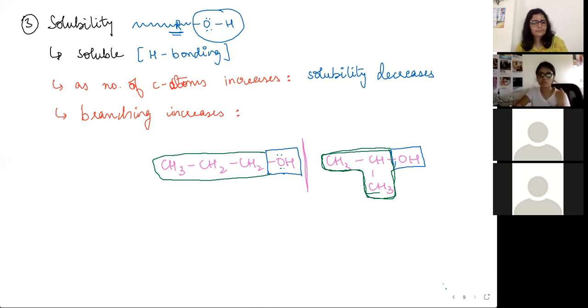Because if the surface area of the hydrophobic part of the hydrocarbon decreases, then it's easier for the molecule to dissolve in water rather than being a big chain. Very good, correct. So as branching increases, the solubility increases.